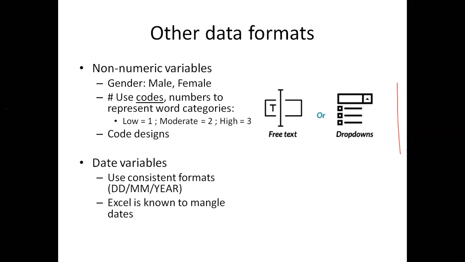Like if you just have 3 categories, then you can say 1, 2, and 3. But the code design could also be a problem when you have too many categories, right? Suppose you have 20 or 30 categories for a particular variable, then the design of the code itself could be an issue. In that case, you need to think about it a little ahead of your data entry and spend some time on how you design those codes.